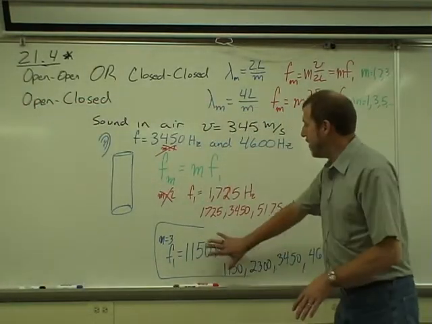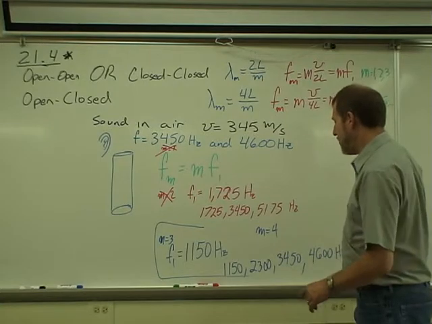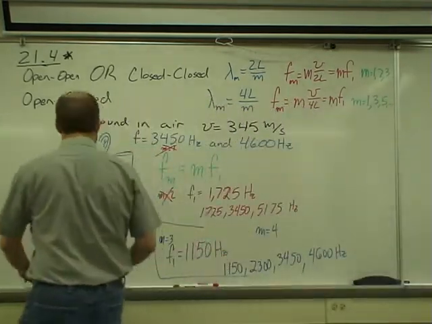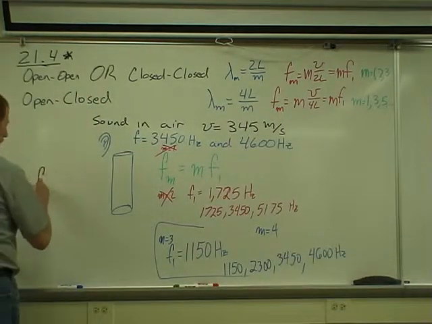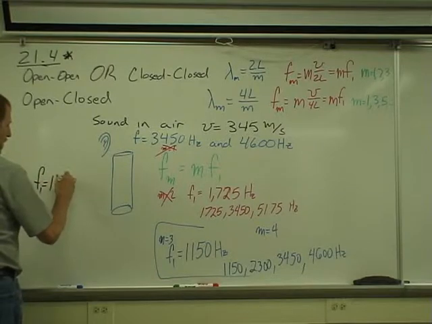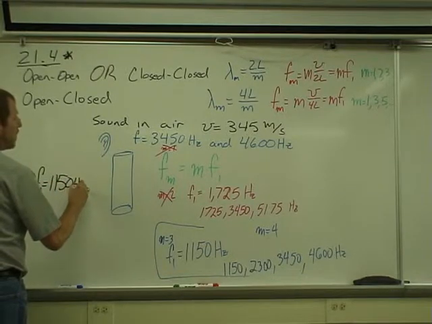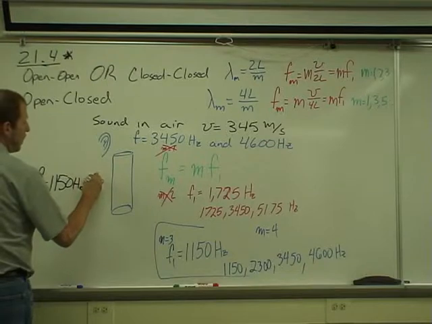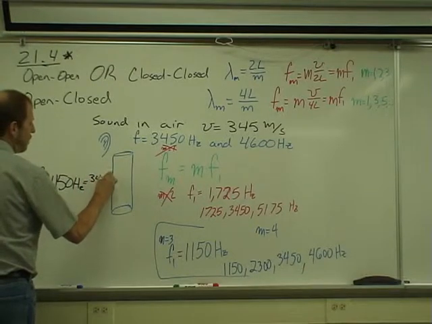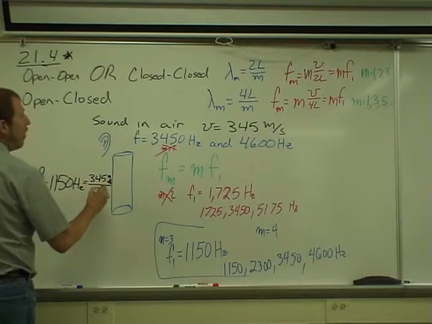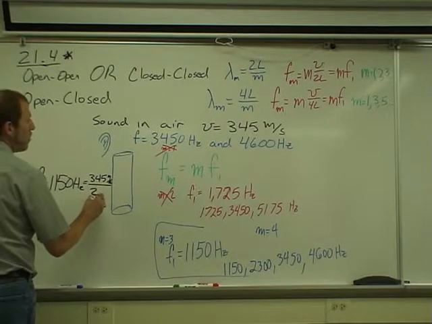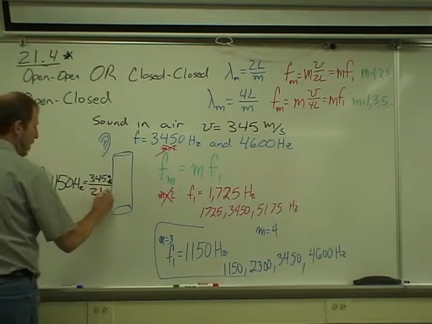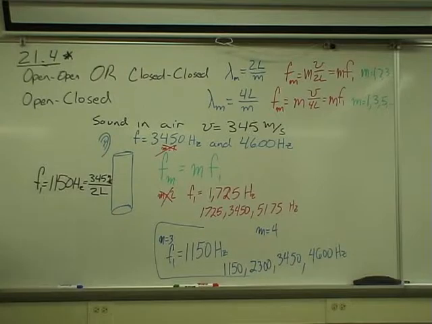So if we take this case, where that case works, then I know that my fundamental frequency is 1,150 hertz, which is equal to 345, the speed in meters per second, over 2 times the length of the tube.